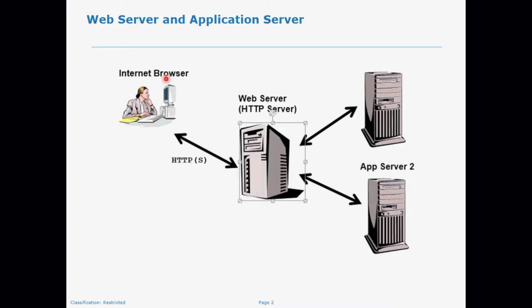So how do we use the Java Enterprise Edition to develop a web application like that? For that, we have to first understand at a very high level what is the architecture of a web application. So the first piece is the client piece. This is what we call a client, the person who is interacting with the application from the internet.